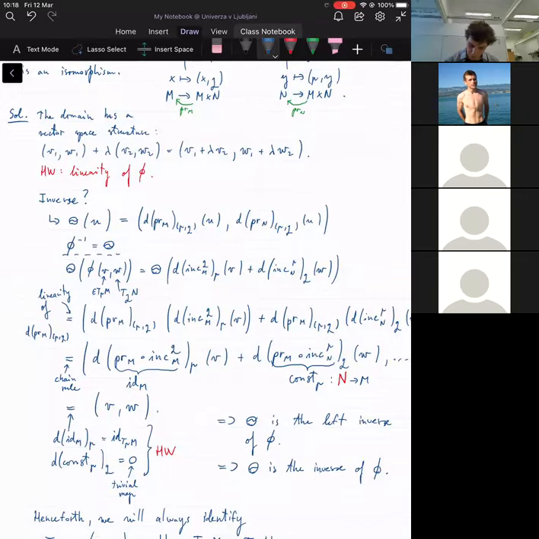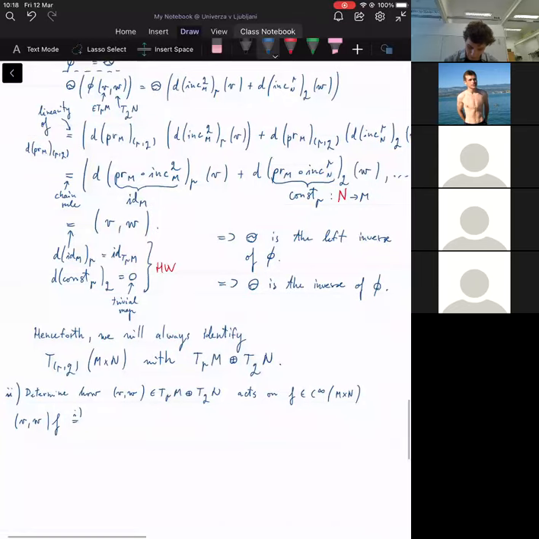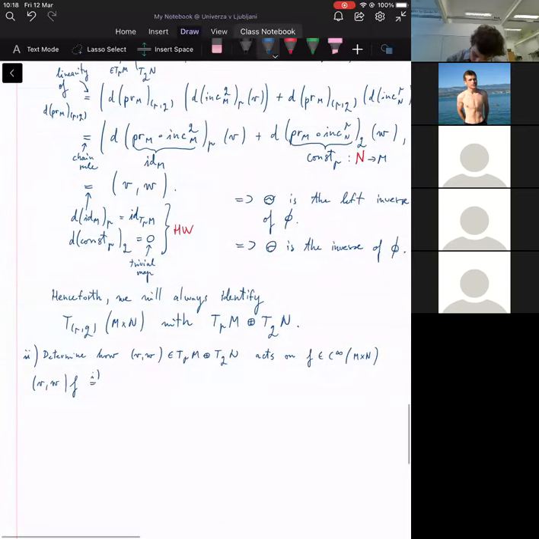So what we get here is v of f of inclusion, the inclusion of M at q, and the second summand is w on f of inclusion at p.